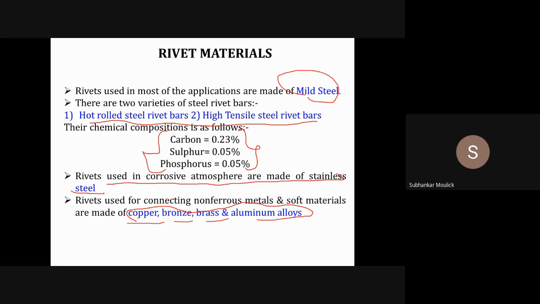These are the elements which you will join by rivet. So if the material you are joining by rivet is copper, bronze, or aluminium, then you can use mild steel rivets to join the materials. So these are the normally used rivet materials. You have to keep these things in mind.